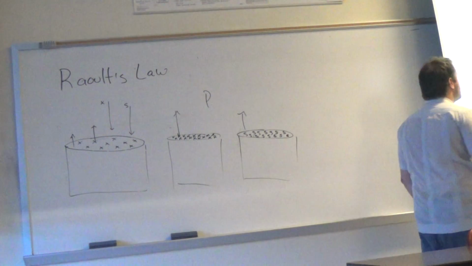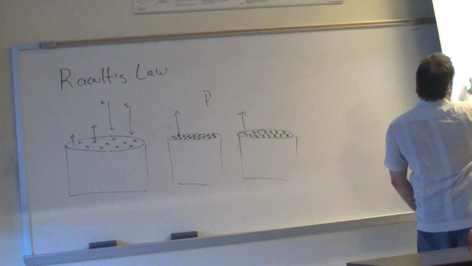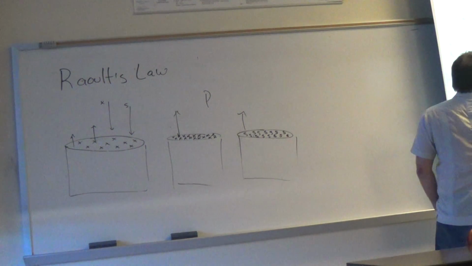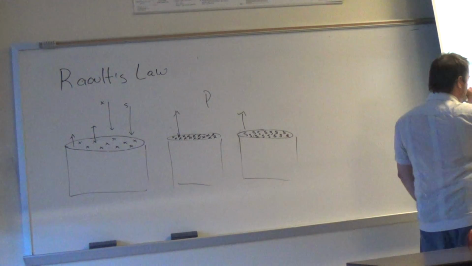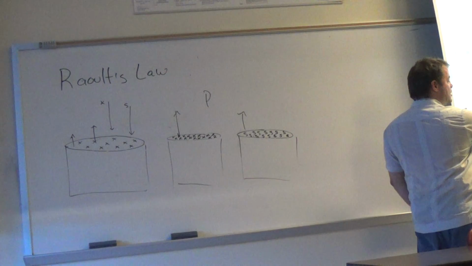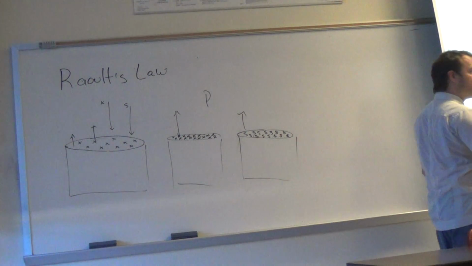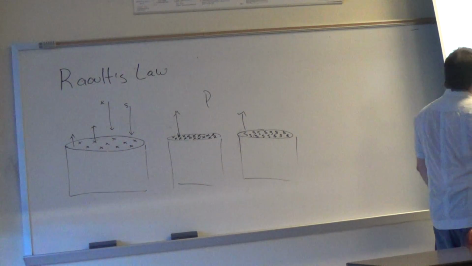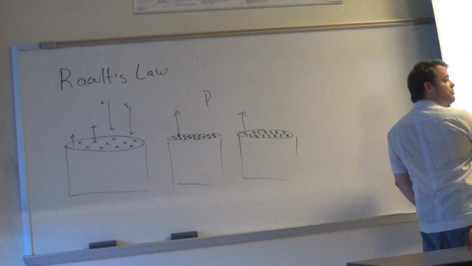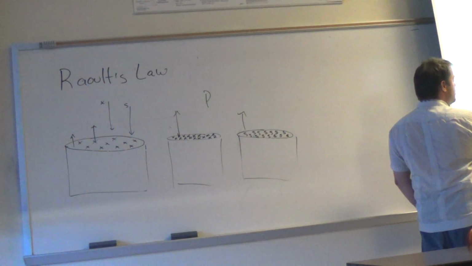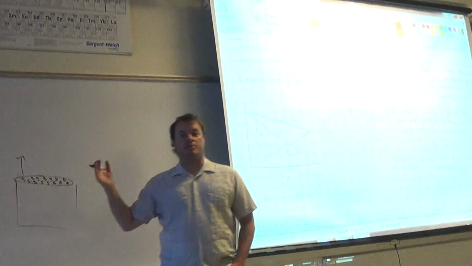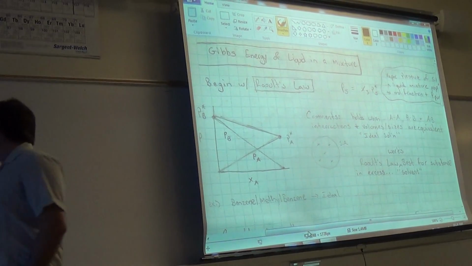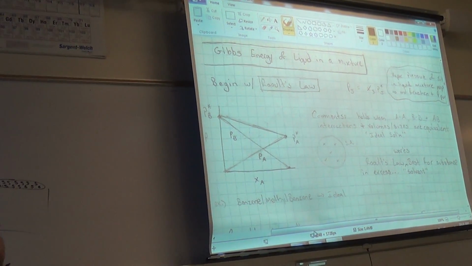In that case, if you were to graph the pressure versus the mole fraction of a component, say XA is the mole fraction of the solvent. In a pure solute solution, the pressure exerted by the solute would simply be equal to its P naught, the pressure exerted by the pure.